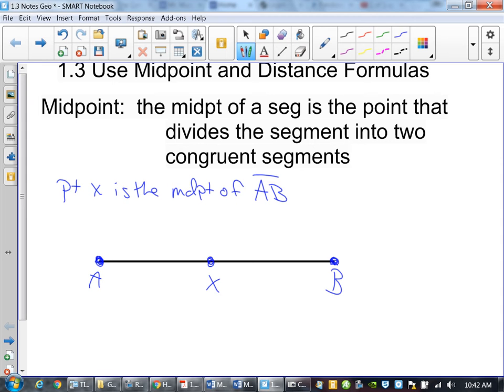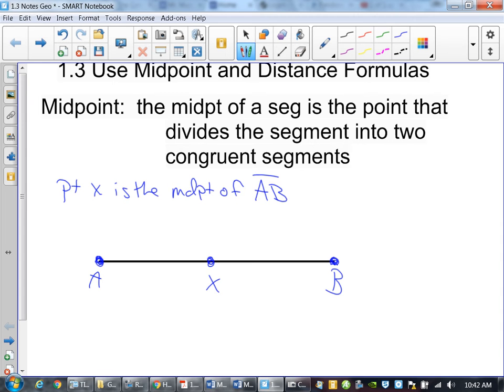Now, knowing that X is the midpoint, that means those two segments are equal in length. So we call them congruent. I don't know what their values are, but I know that they're equal to each other. Remember last week, or actually I think it was even Monday, when we talked about how you mark diagrams for congruencies? How would I mark those two?